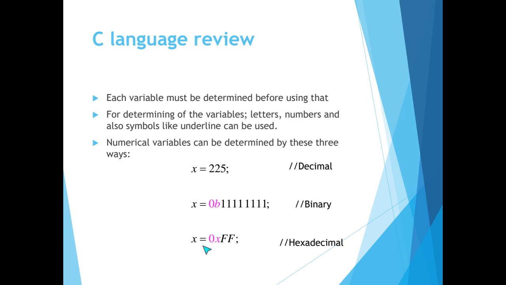Before hexadecimal numbers, we should use 0x. So you should be careful about determining numerical variables, especially binary and hexadecimal numbers. Before binary numbers, we use the prefix 0b, and before hexadecimal numbers, we use 0x.